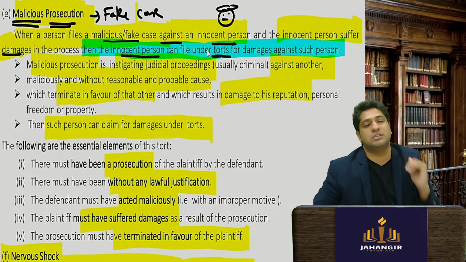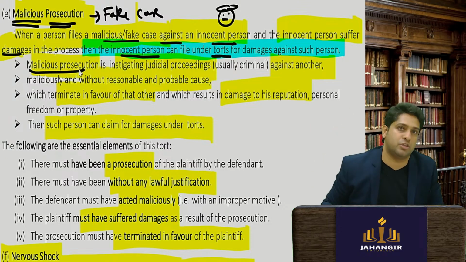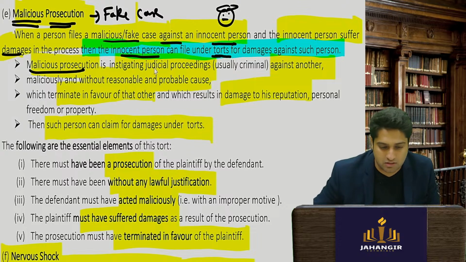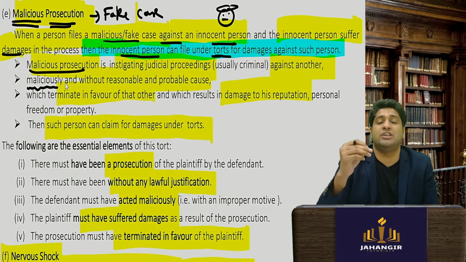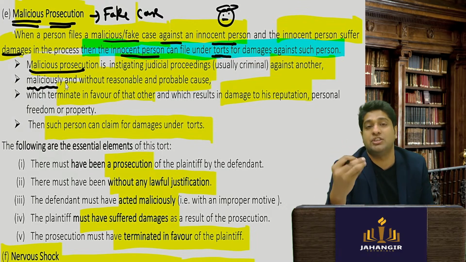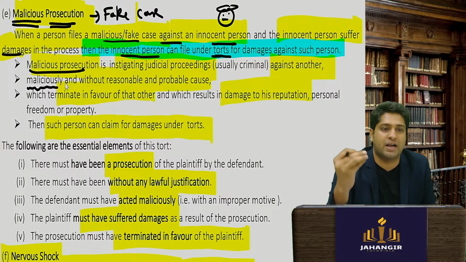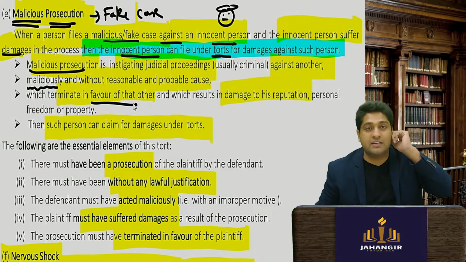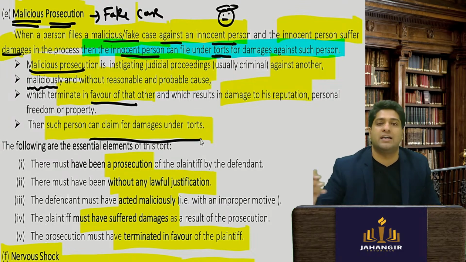For this, you have to prove that there was a malicious prosecution. Malicious prosecution means the case was filed with malicious intention, without proper reasoning or any reasonable cause. That case went in favor of the innocent person, so this innocent person can file a case under torts.